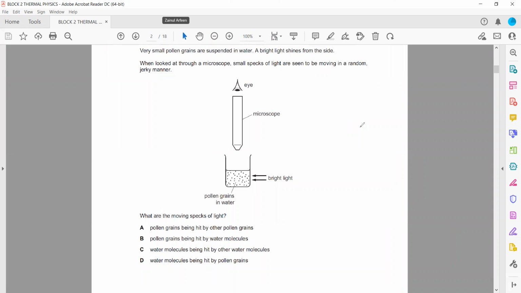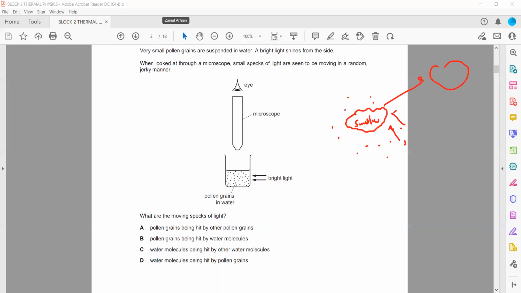Look, whenever we have a dust particle or pollen grains, like dust or smoke particles in air, these are continuously colliding with the lighter air molecules, and that causes a random motion. Same thing if we have a pollen grain in water.